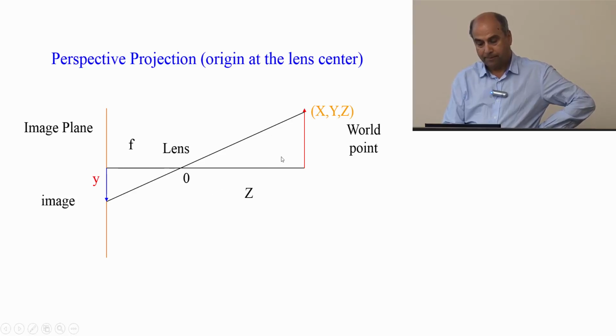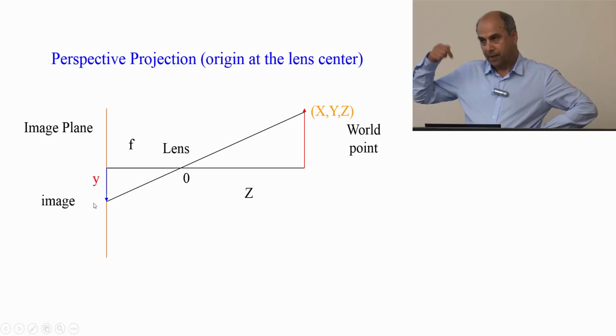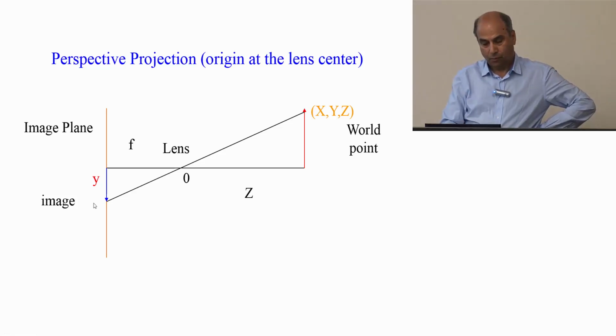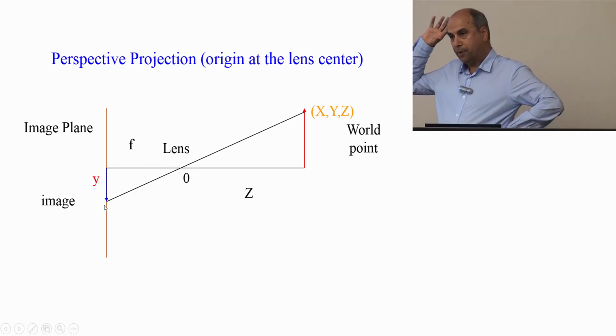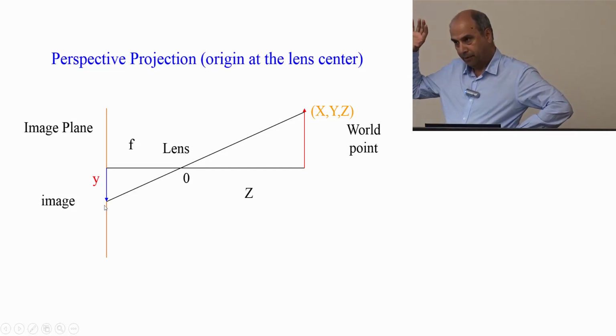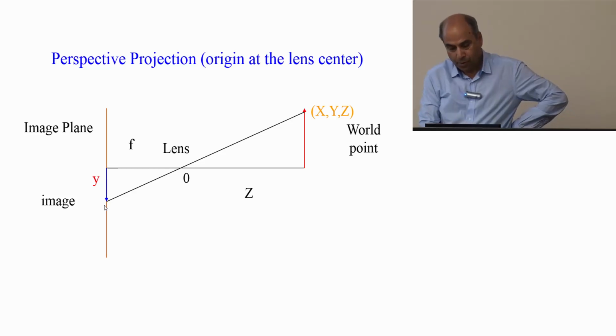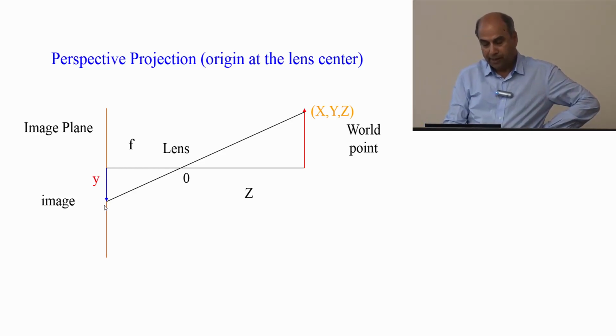So this is y in the world coordinate, and this is y in the image coordinates. So when you take a picture, the picture is upside down. So that's what it will look like. And that's actually how the picture is formed in your eyes, upside down. You have a way to invert it. So now we have these 2 triangles. We can look at these equivalent triangles.